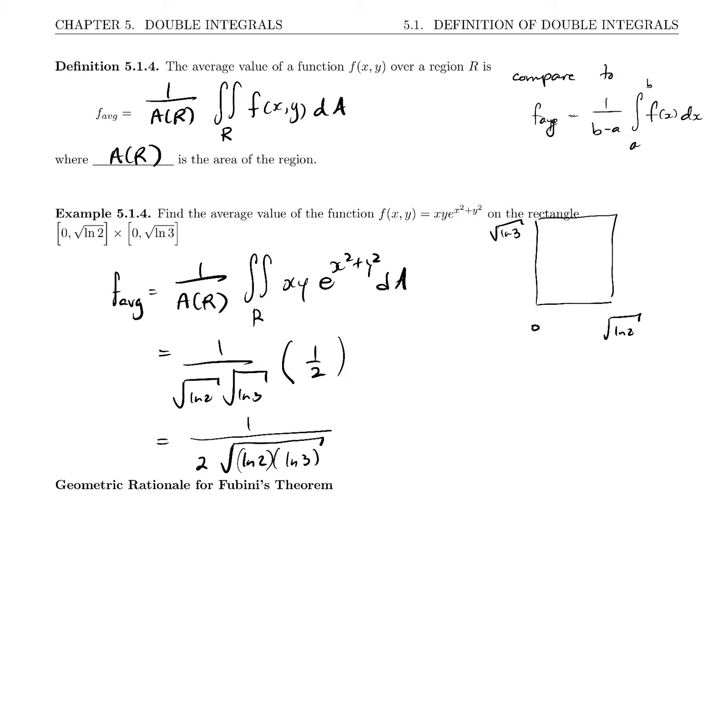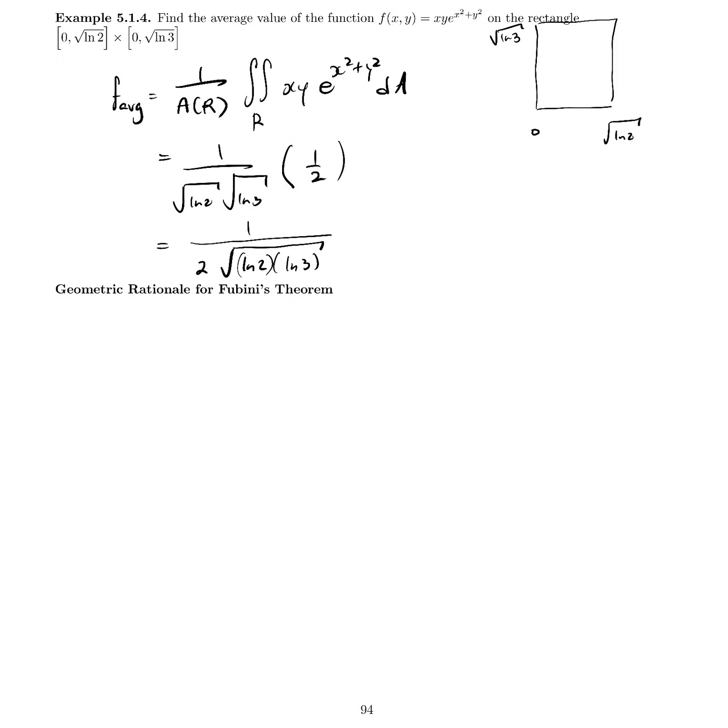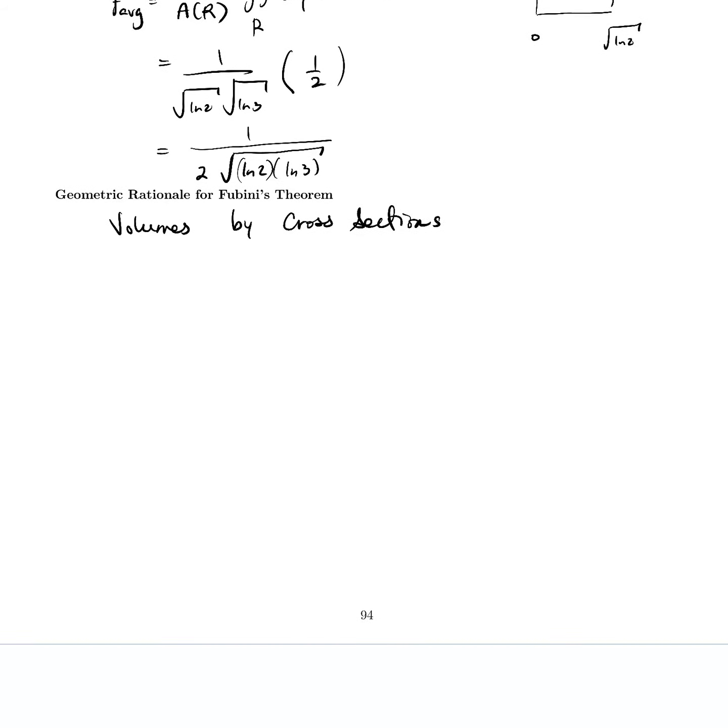And now to close off the section, why did Fubini's theorem make sense? A geometric rationale for this is by looking at volumes by cross-section. We're going to work with the interpretation that the double integral is the volume under a surface.